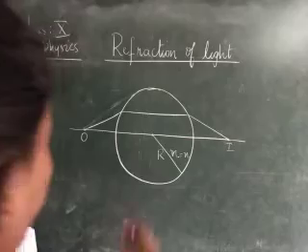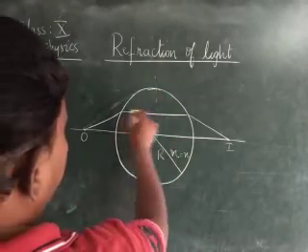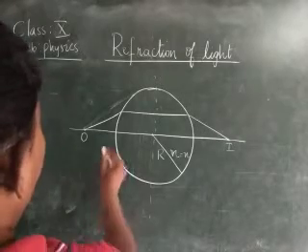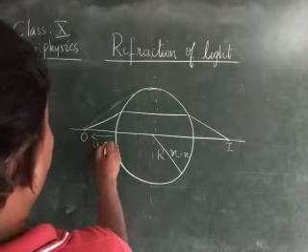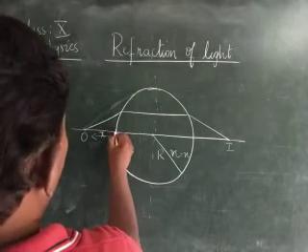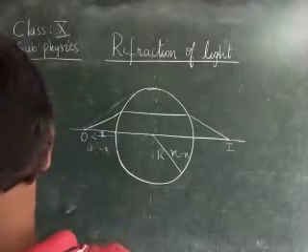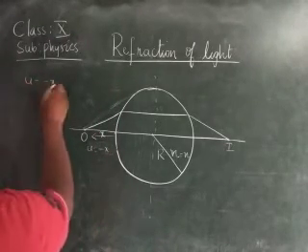From the symmetry of this figure, we can draw this as the object distance. Therefore u is equal to minus x, taking the object distance as x from the pole.